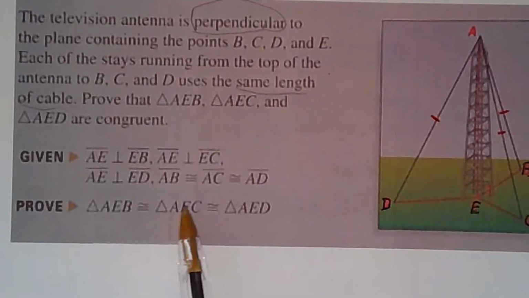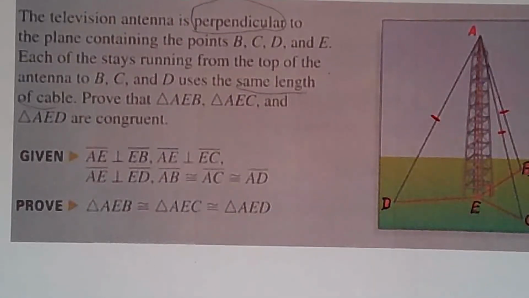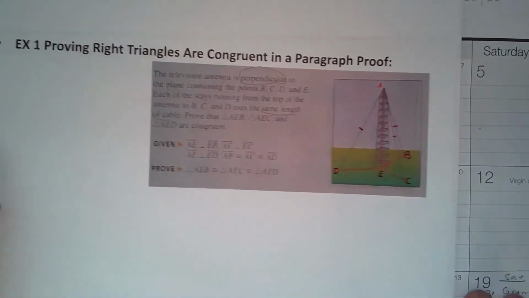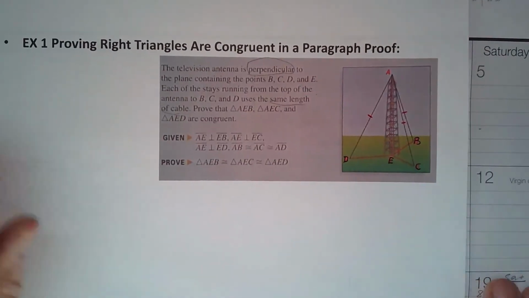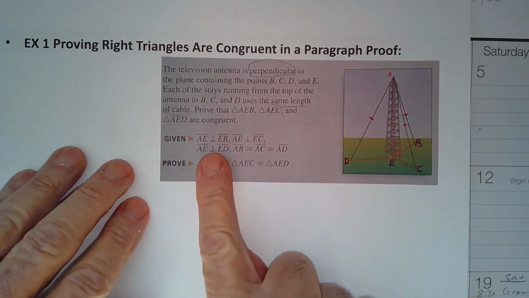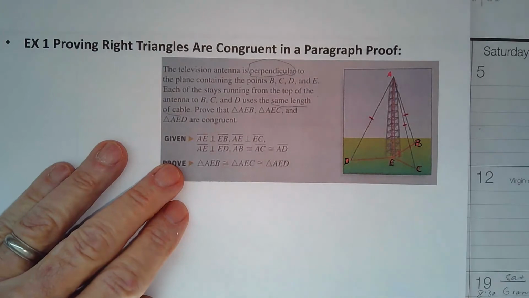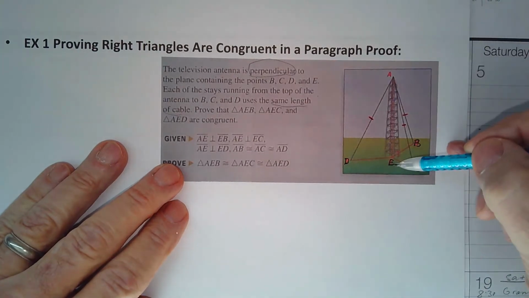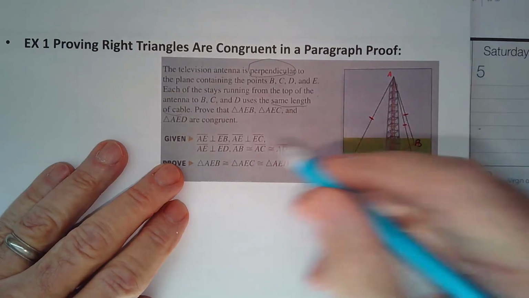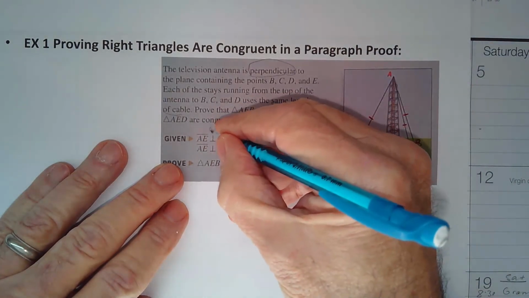Now, this is sort of belts and suspenders, and now that I've shown the picture, I'm going to go back to the smaller picture here so we can see more. The information is repeated here. It says AE, so let's find AE. AE is perpendicular to EB, so that's a 90-degree angle.